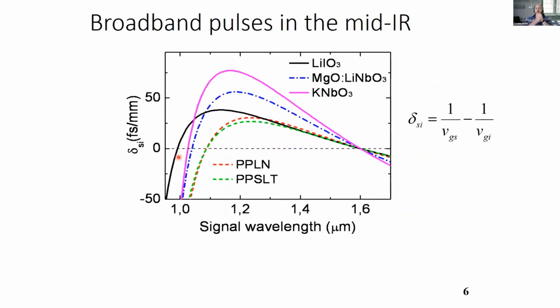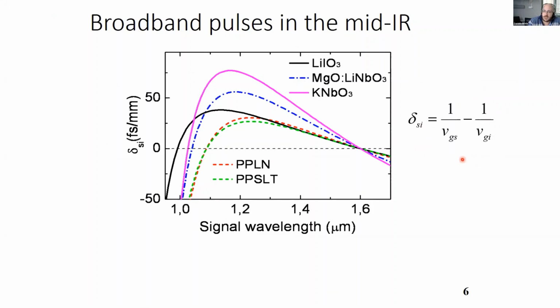Sorry, this is actually a different condition. It's pumping at 800 nanometer, and the signal wavelength is in micron on the lower axis. If we use these kinds of materials, high refractive index materials that were already introduced a little bit before, lithium iodate, lithium niobate, potassium niobate, and their periodically poled variations, we can plot the difference in group velocity between signal and idler in this graph.